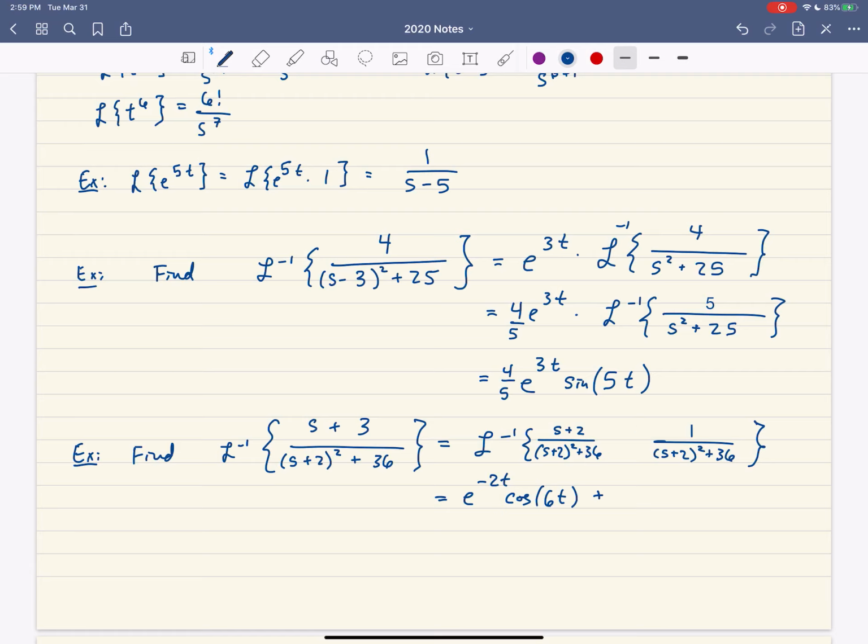We can put a 1 over 6 out front, and then a 6 up top, and then we've balanced everything. We're going to end up with 1 over 6 times e to the negative 2t, because it's still shifted, sine of 6t. Okay, so that's how multiplying by an exponential shifts the Laplace transform.